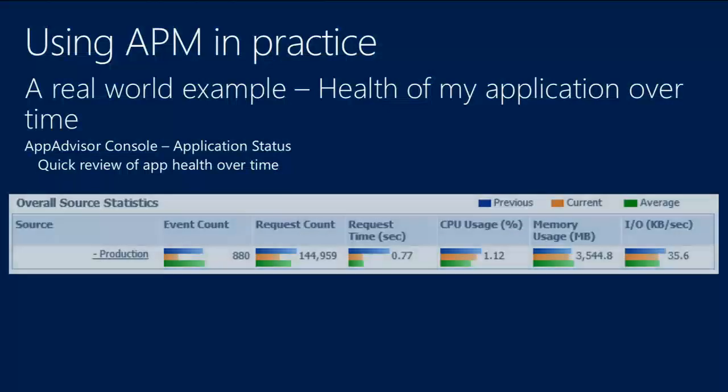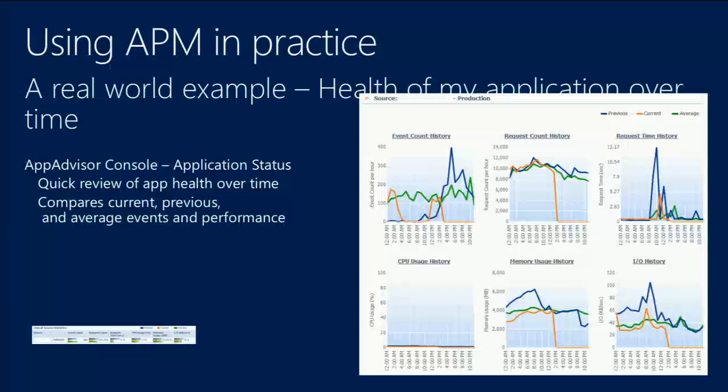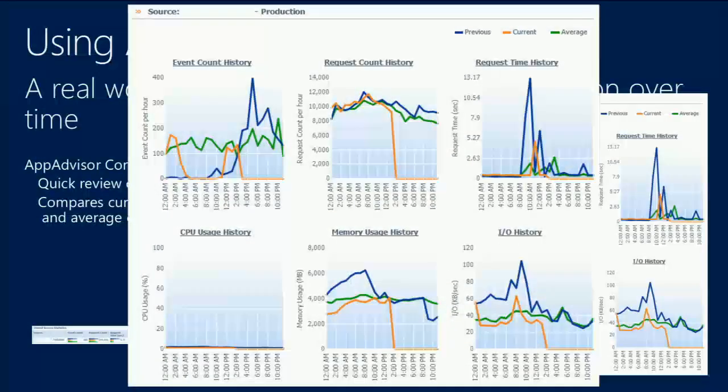So now that I've determined the application that I'm going after, I can jump over to the application status report, and it gives me an indication over time of how this application has been behaving. So let me jump to the next screen here. It's going to give me a view of my current, my previous, and my average of event count history, request time history, memory usage history.